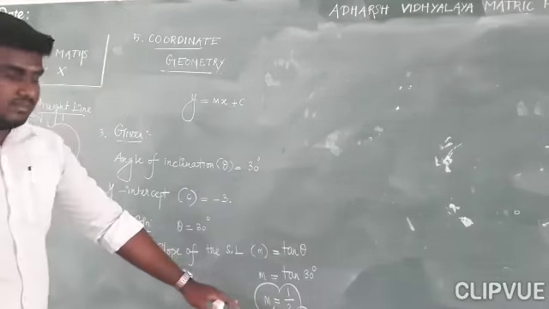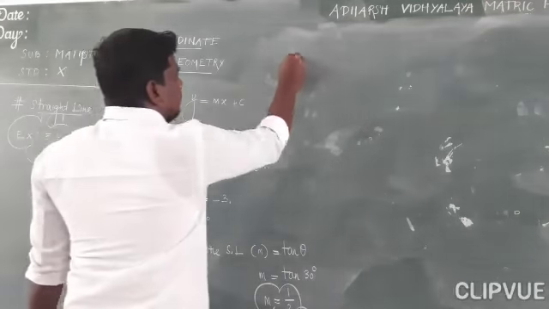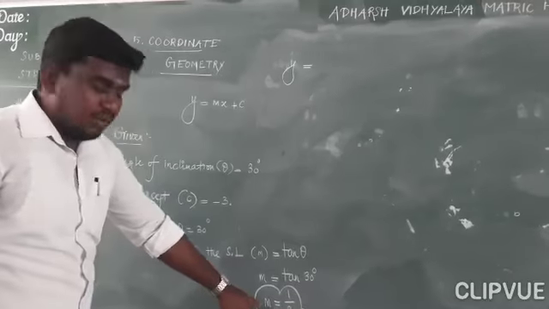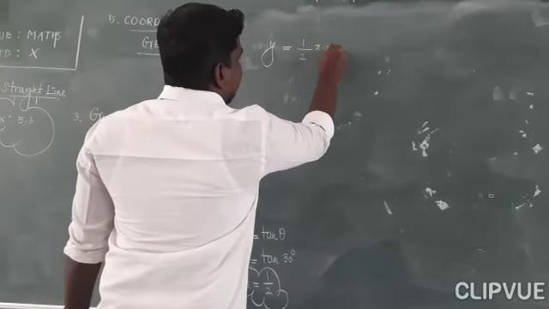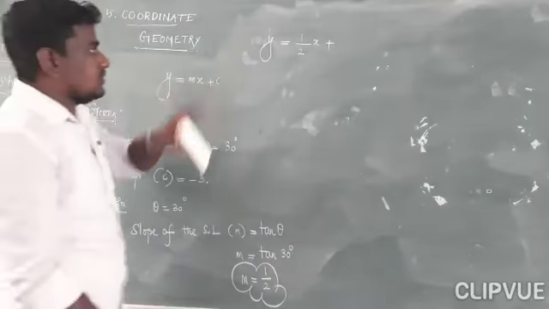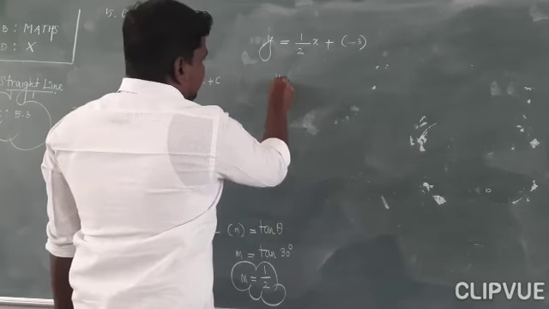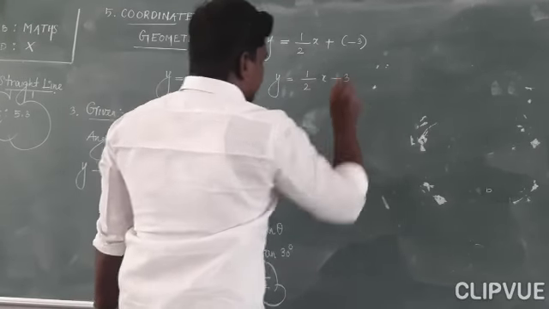Now we got the result. Now you can apply it in the formula y is equal to mx plus c. So y is equal to 1 by root 3 into x plus c, and we replace c by minus 3. So y is equal to 1 by root 3 x minus 3.